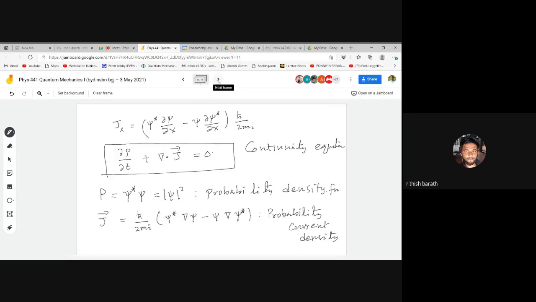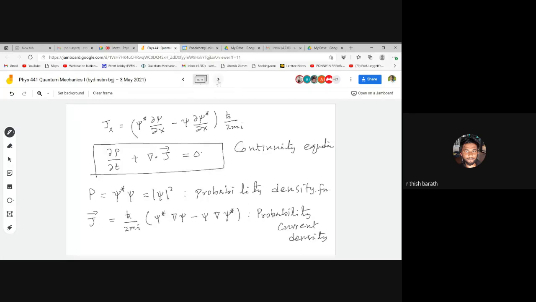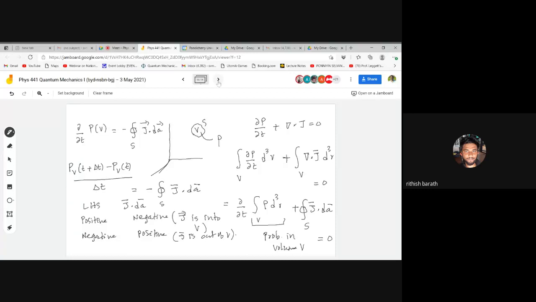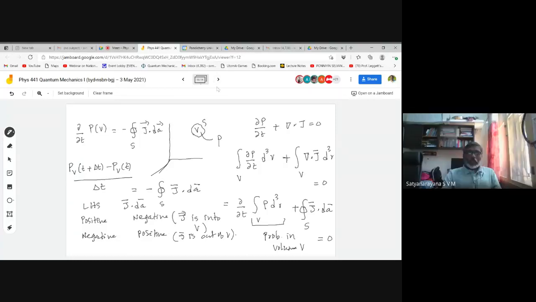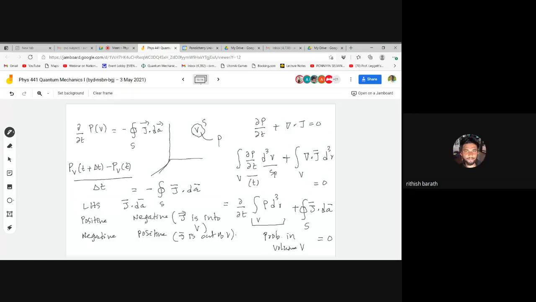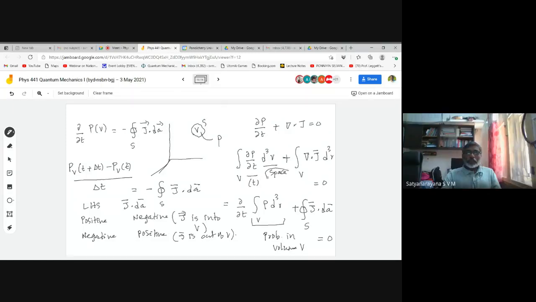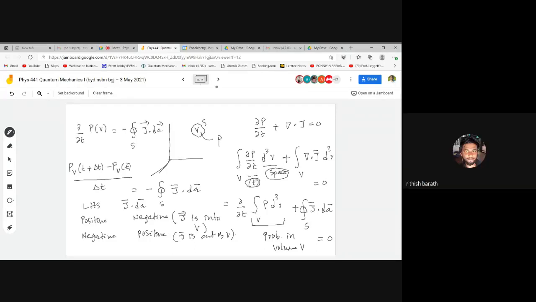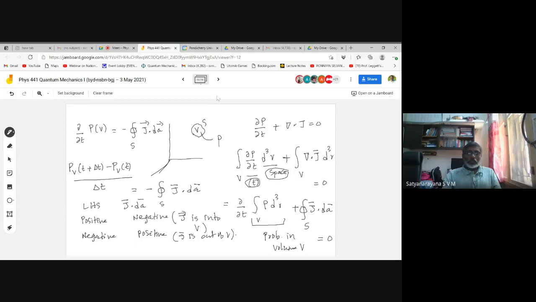Here, how did you take the ∂/∂t out from that integral? Yeah. The derivative is with respect to time, and the integral is with respect to space. They are independent. The other part I understood, this Gauss divergence theorem. Yeah, understood.